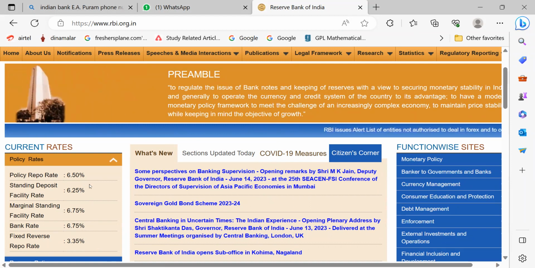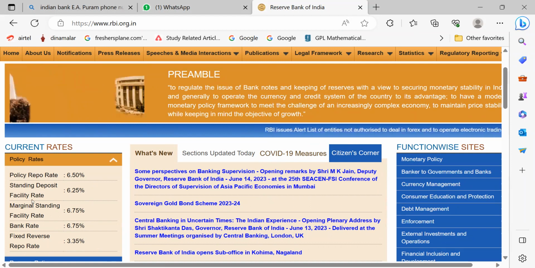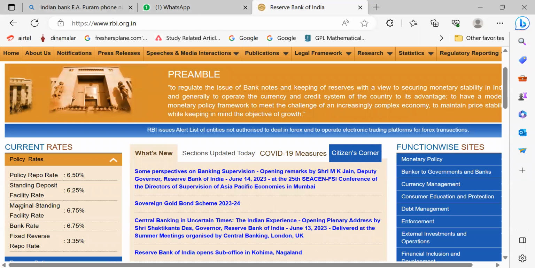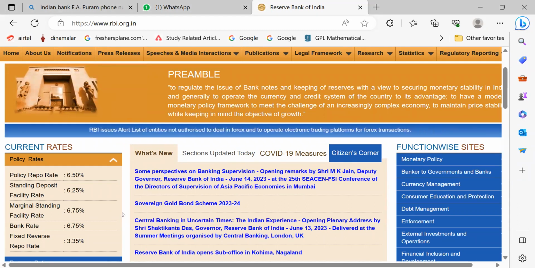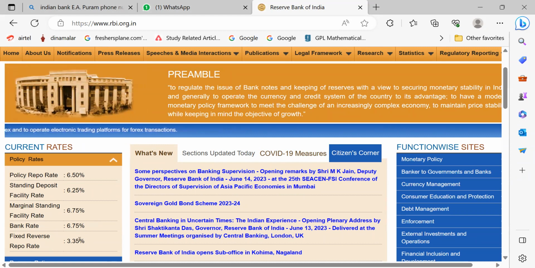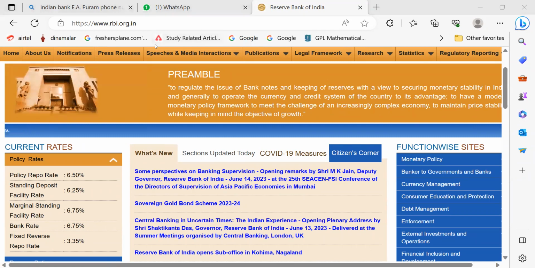Repo rate is 6.50. Standing deposit facility is 6.25. Marginal standing facility is 6.75. Bank rate is 6.75. Fixed reverse repo rate is 3.35. These things you can note down. Okay.